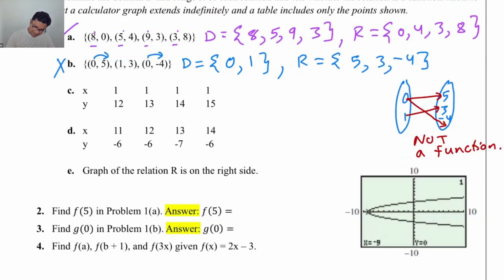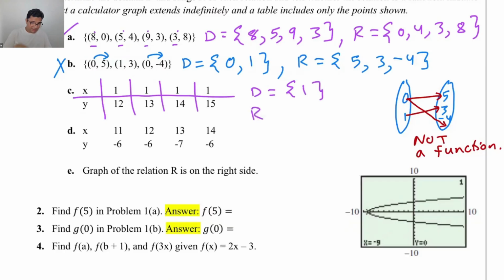What do we have here? When it is given like this in the tabular form, you have to understand the x values are the domain elements and the y values are the range elements. And domain is only one. Just the single element 1. But you don't write just the number 1.